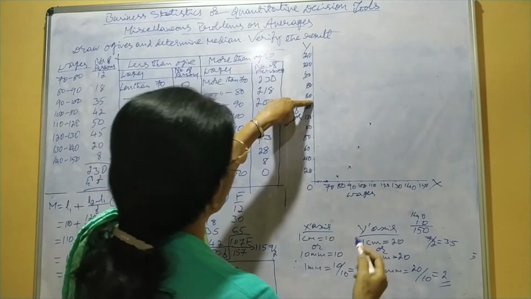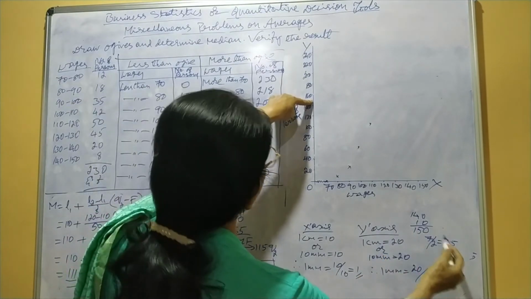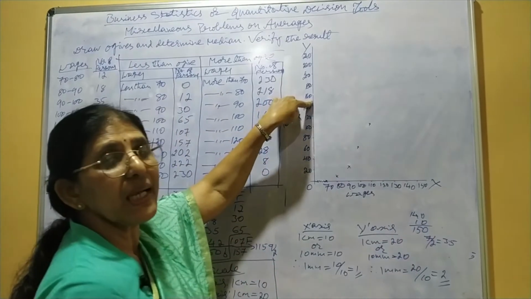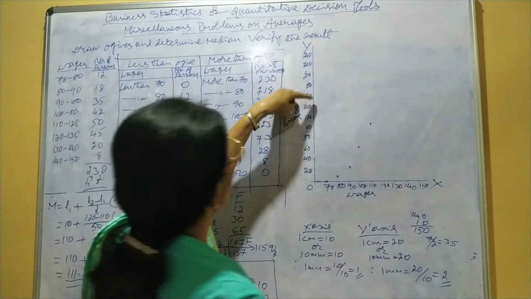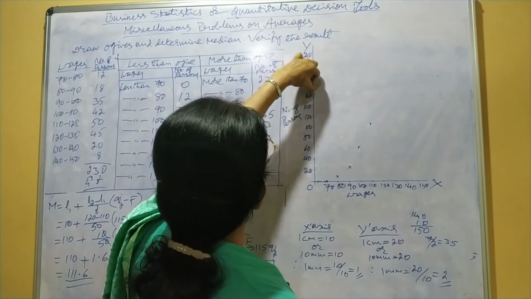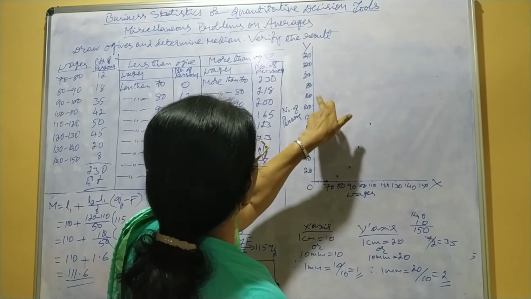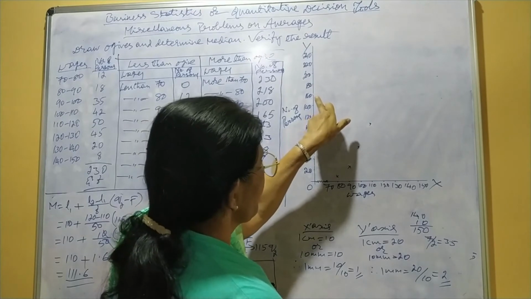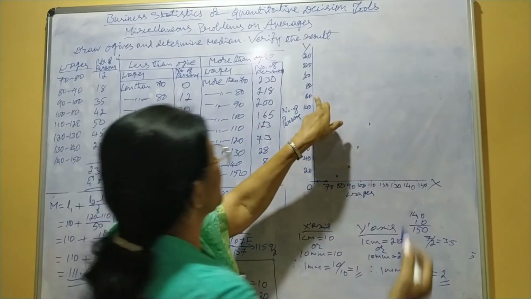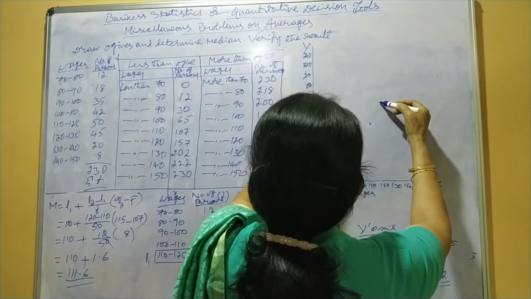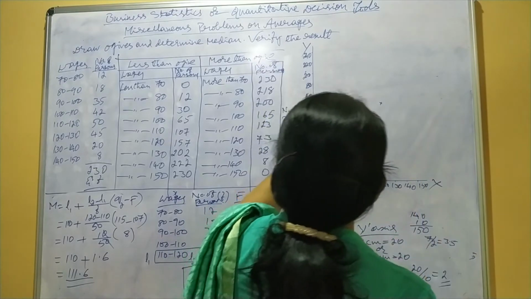That means 5 millimeters plus 3.5, 8.5 millimeters above 140, or you may take 1.5 millimeter below 160. Like that you have to take, that is less than 120.